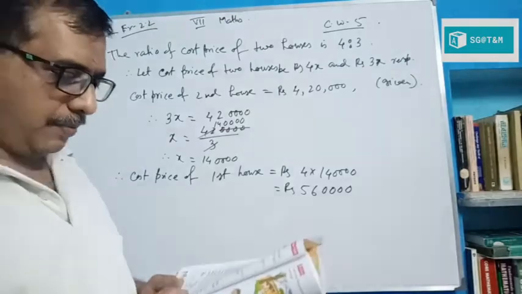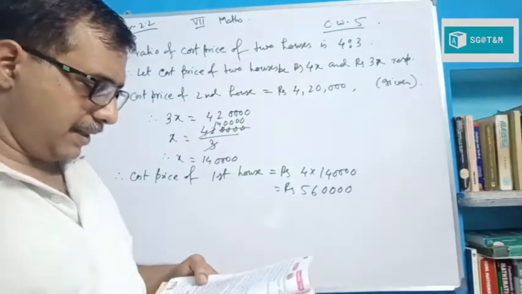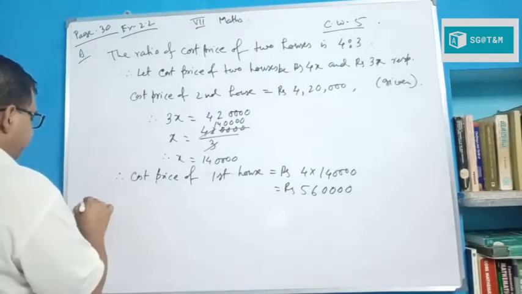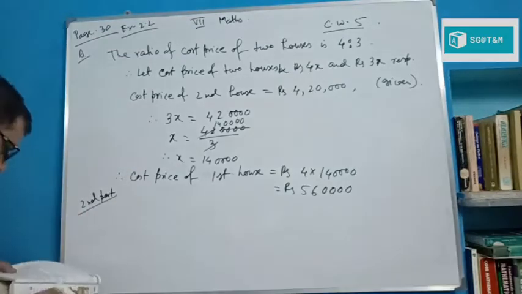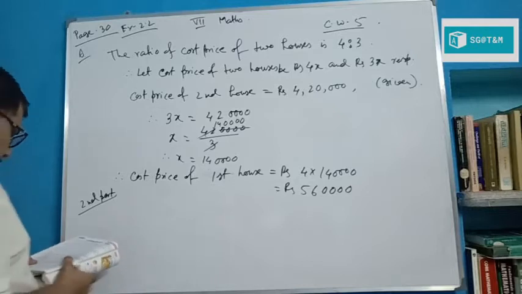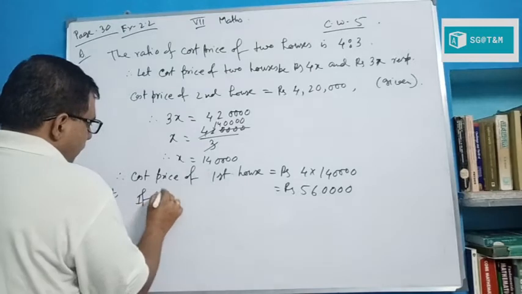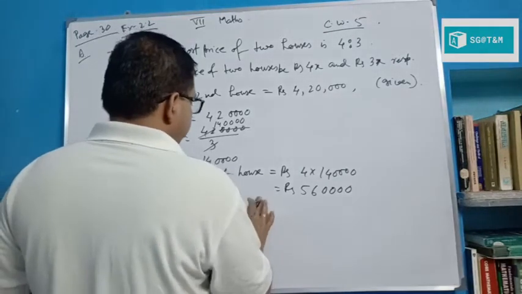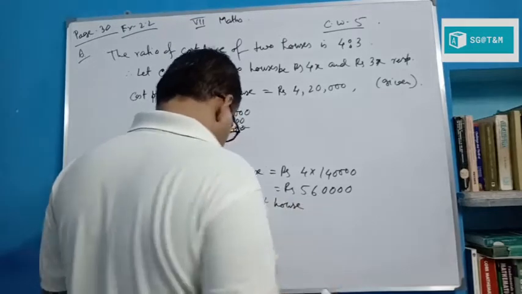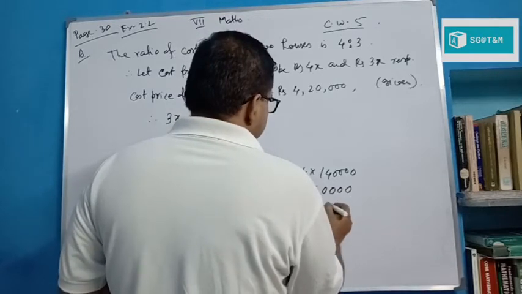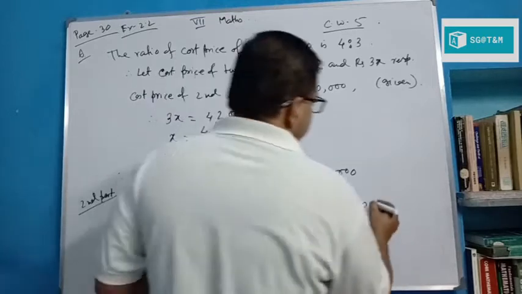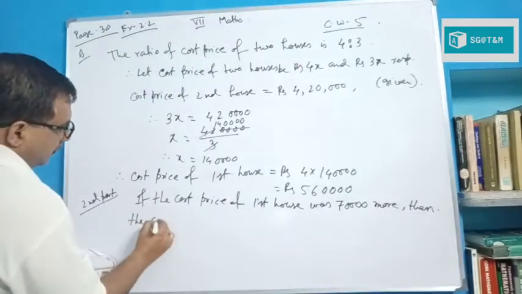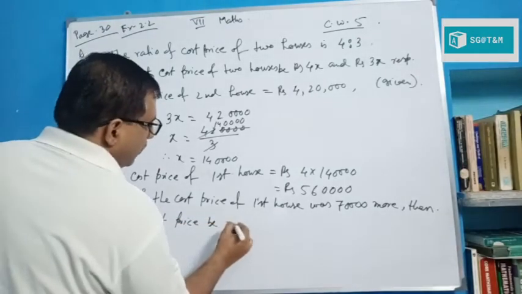Now, in the second part of the problem, if the cost price of the first house was 70,000 more, then the cost price will be how much?